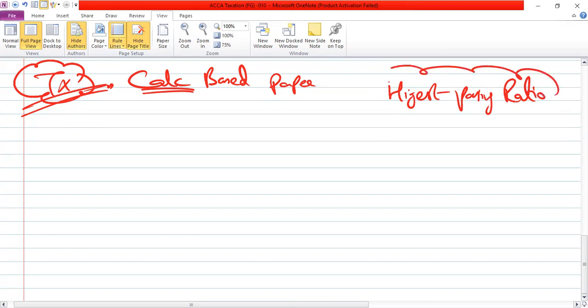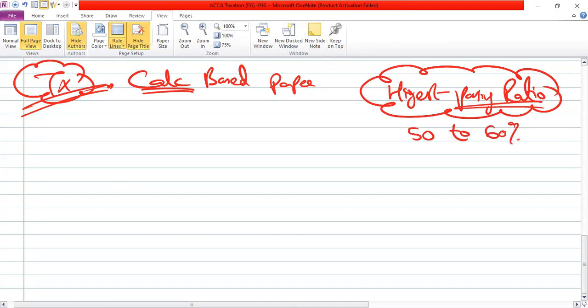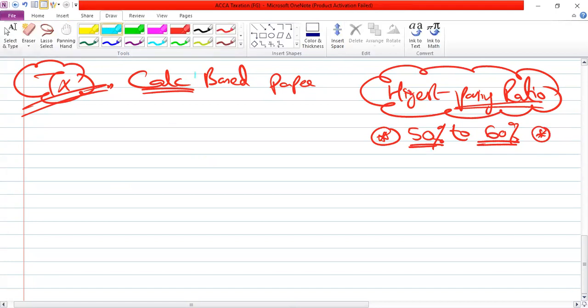The syllabus is bigger than any paper of skill level, but the passing ratio is the highest, around 50 to 60%. In every attempt, 50 to 60% of students appearing in the tax paper are passing it. So passing the tax paper is easy, but it's too much.